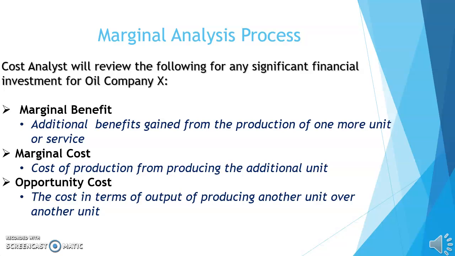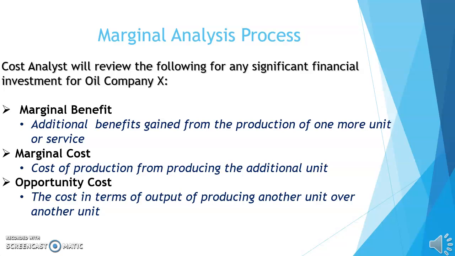Marginal analysis process, okay? We will be looking at the three components of a marginal analysis. So these are the three things we'll be looking at for our investment into expanding the pipeline. The first is looking at what the marginal benefit is.